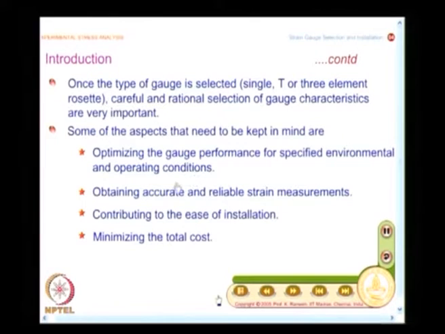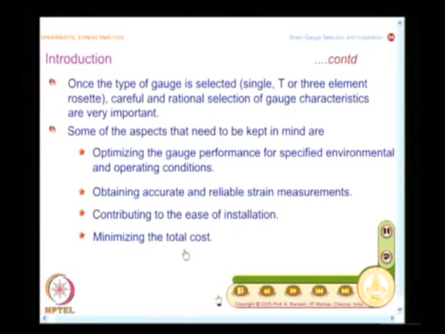And obviously, you want to have accurate and reliable strain measurements, that is the basic focus. And in certain applications, ease of installation also dictates the selection. This is also an aspect which needs to be weighed in rational selection of strain gauge characteristics.